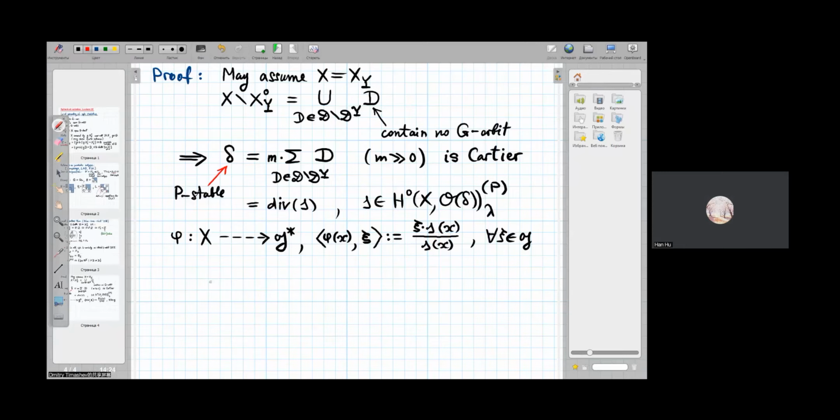However, this map has the following properties. So first of all, this map is P equivariant. Well, this easily follows from S being a P semi-invariant section, but let me leave it to you as an exercise to check. It is just straightforward checking, but I don't want to spend time on it.